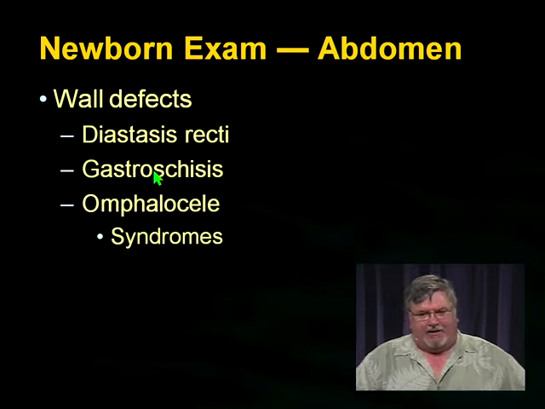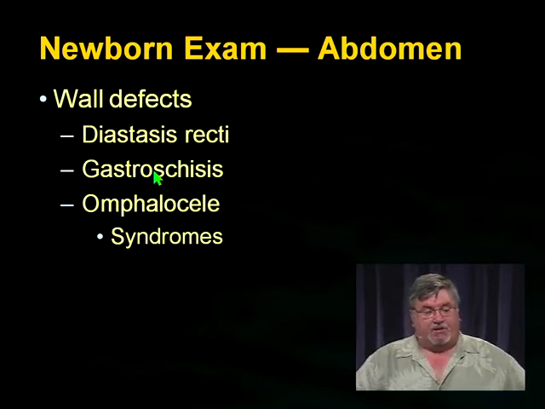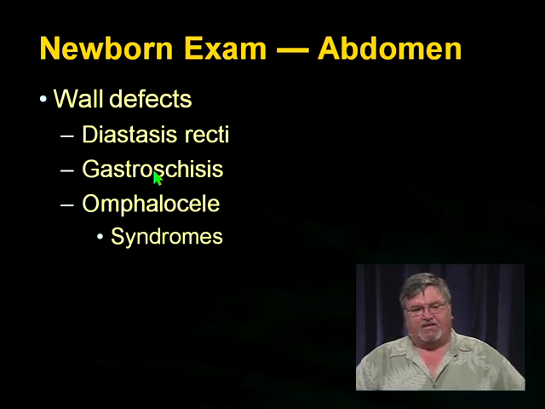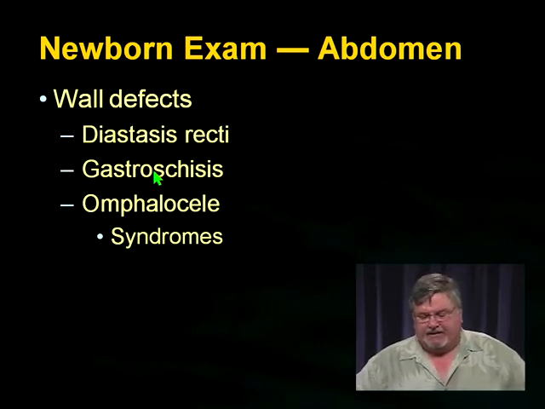If they don't migrate completely back into the abdomen, that's an omphalocele. And the important things about omphaloceles versus gastroschisis for the board exam are syndromes. Syndromes are more associated with omphalocele and not associated with gastroschisis. So a kid with omphalocele needs a further workup. A kid with gastroschisis, that's an isolated defect.